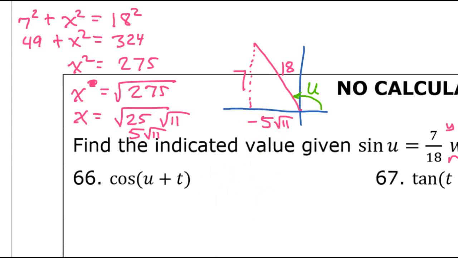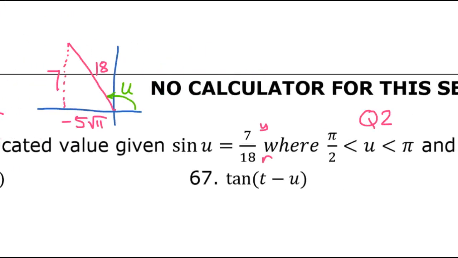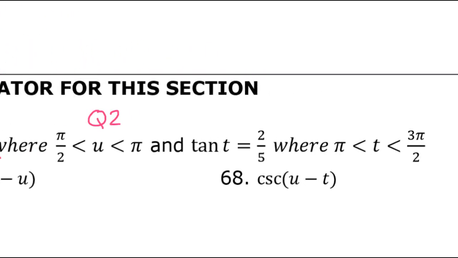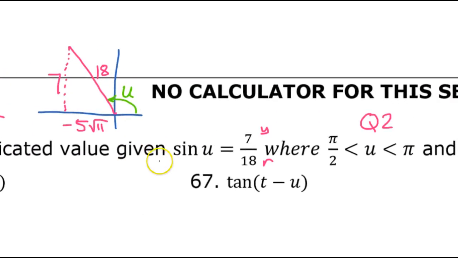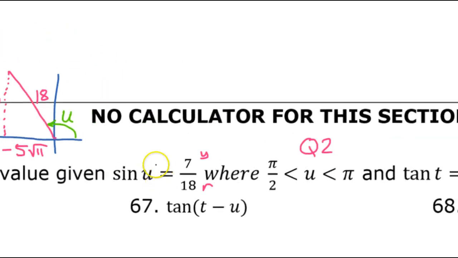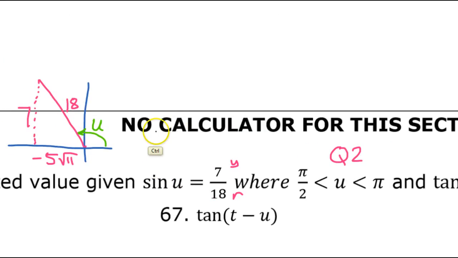Okay, now we need to do the same thing with angle T. So they're telling us that angle T is between pi and 3 pi over 2. They're just telling us that angle T is in quadrant 3. All right, so let's go ahead and draw ourselves a picture in quadrant 3. I know this says no calculator, and I'm kind of using a calculator, but we will be sure to only use a 4-function calculator.